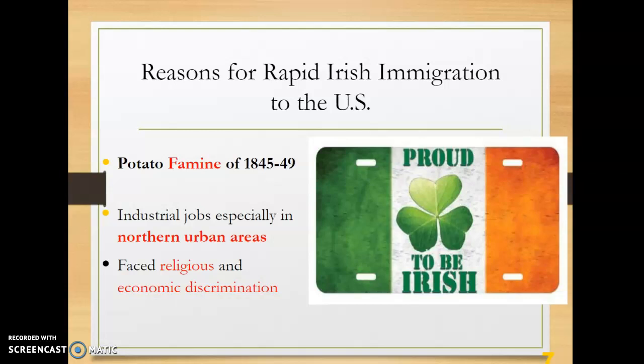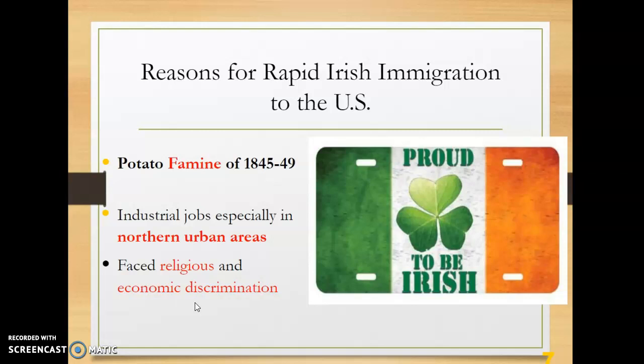So they moved to the northern urban centers of the United States in the New York City area, Boston, Massachusetts, Pennsylvania, and so forth. And they faced a tremendous amount of religious discrimination because they were Catholics. There wasn't a lot of love for Catholics in the country at that time. And so they were discriminated against because of that, as well as economic discrimination.